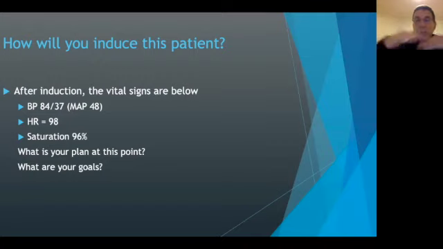You want to make sure you do not drop the blood pressure lower than 20% of their baseline. That's the reason why you always have to have baseline blood pressures on everyone. Then you do a little math, figure out what their 20% drop of that is, high or low, and try to keep them close to that.